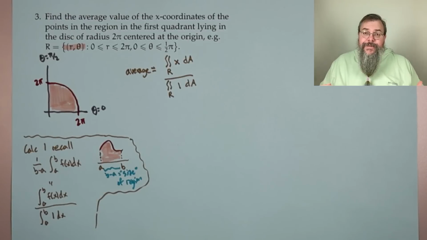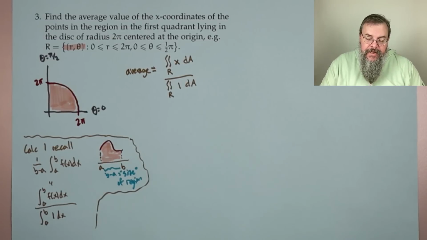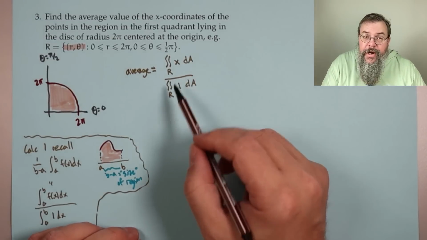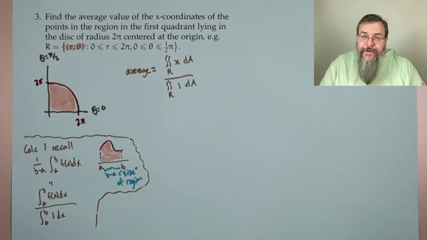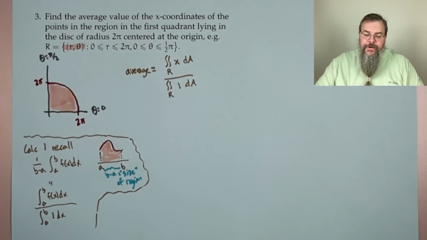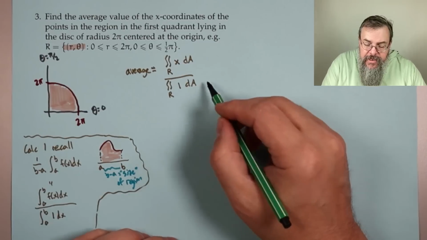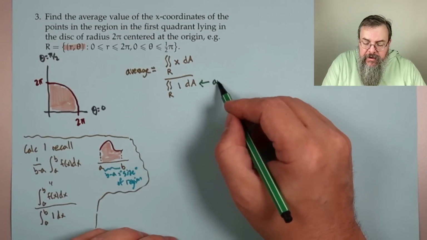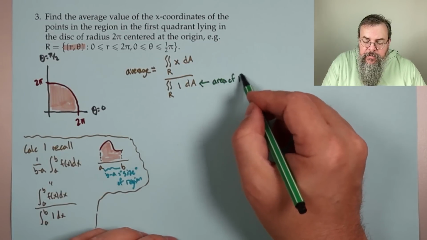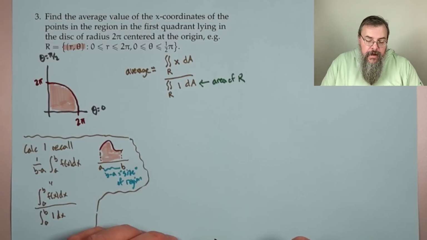Well, one of these is actually going to be really quick. Notice we're integrating 1. What do you find when you integrate 1? Well, when you integrate 1, this is the same as the area. So the integral of 1 is area.